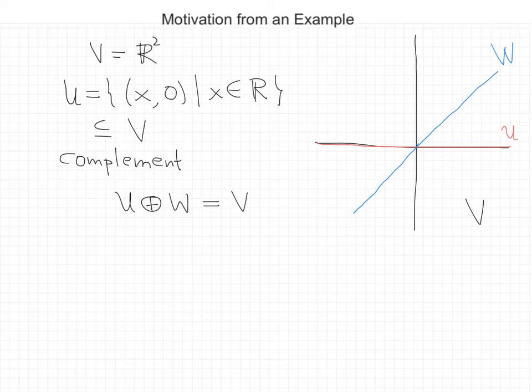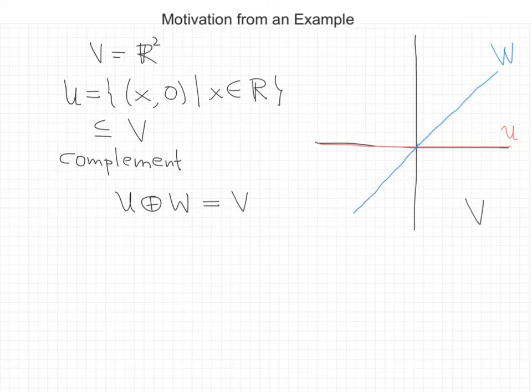So in this case we call the two subspaces complementary. But the point is, if we start with a subspace U, there's no canonical choice for a subspace W. There are many. Any line through the origin will satisfy the very same purpose. Just think about it.